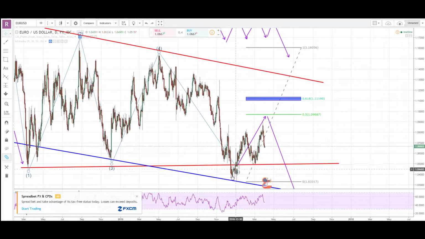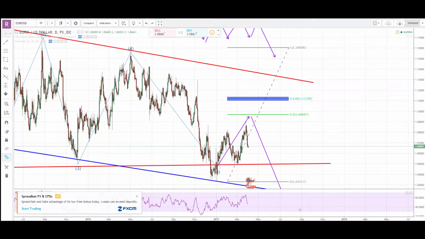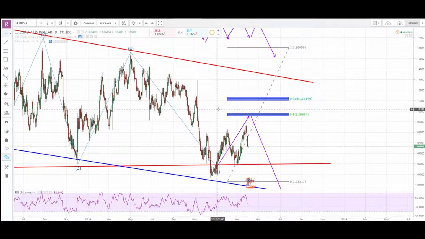We actually want a retrace to an important level to let the bears gain strength to break the channel and then go down. So we are actually pointing up now to at least those two levels.